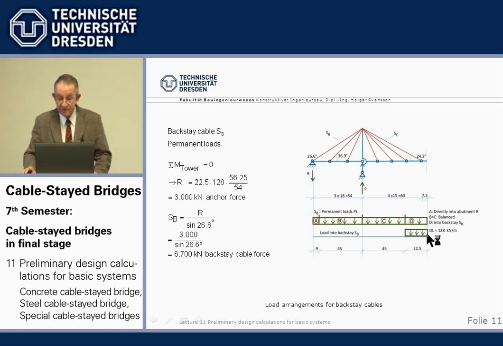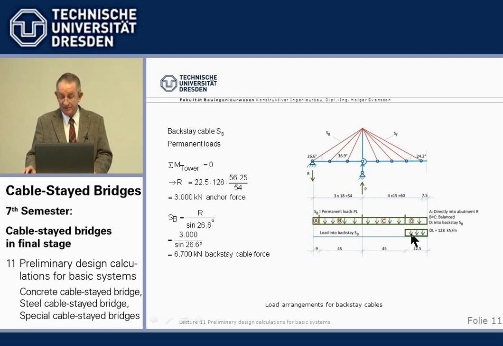Now, how do we calculate that? Very simple. We have a simply supported system with a cantilever, and we want to calculate this vertical reaction here in order to be able to calculate the cable force. We take the sum of moments around the tower to be 0, a very basic support reaction calculation.